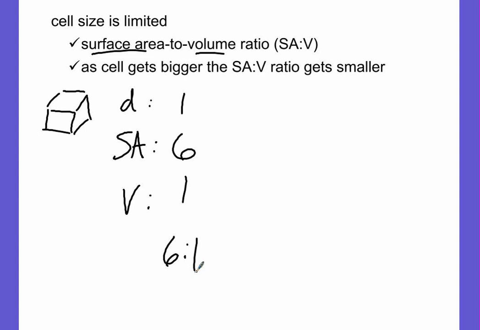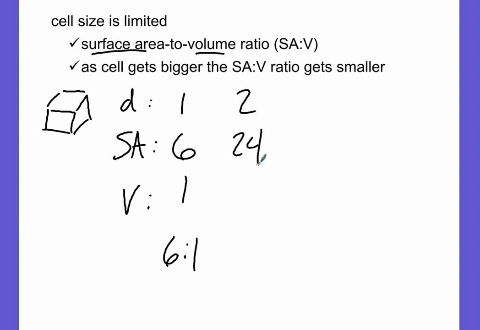So I'm just filling in that table. You should just do the same thing. So the next diameter, 2: 2 times 2 is 4, that would be the area of one side. Take 4 times 6, that's going to give you your surface area, about 24, right?